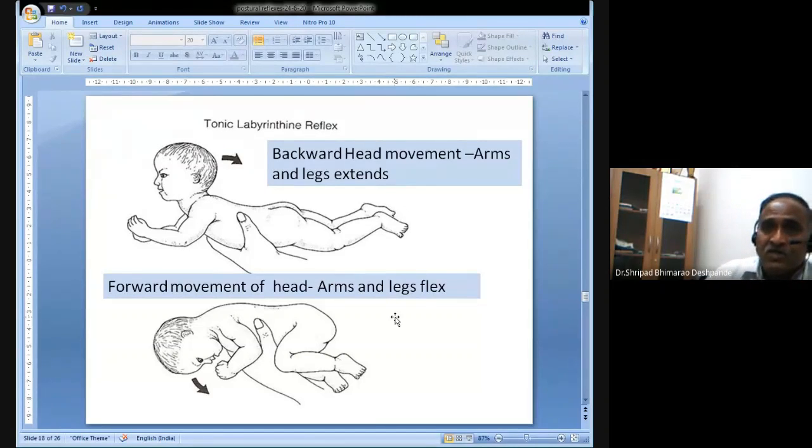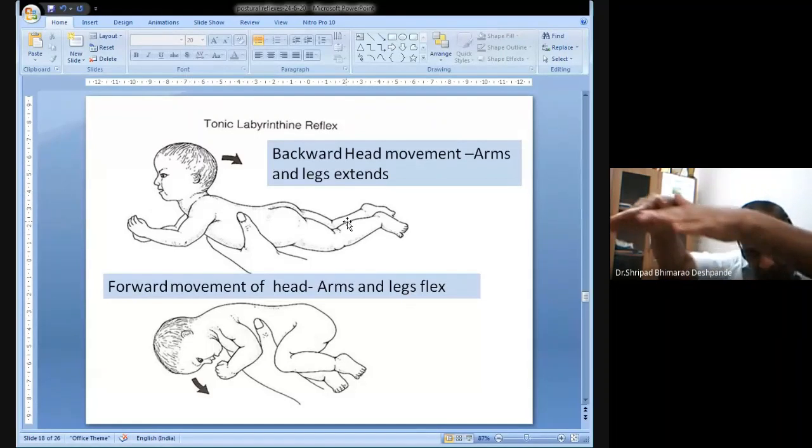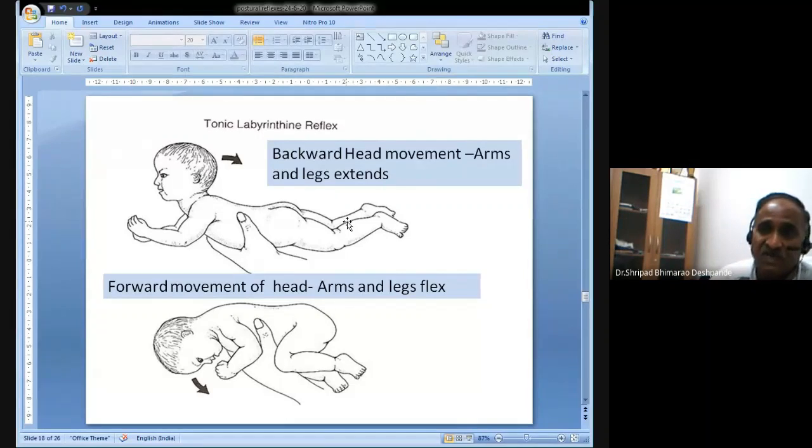Normally to attain a very nice dive is difficult. You can imagine yourself going for a swim and trying a dive, and these reflexes become operative. These are tonic labyrinthine reflexes.